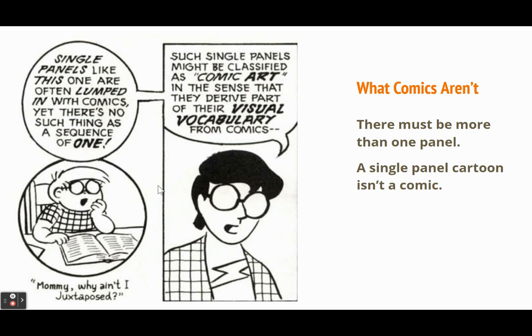One thing is not a sequence. You have to have 2, 3, 4, 11, whatever. A single panel isn't a comic. If you don't have more than one panel, you can't get the concept of time. You don't get the sequence.